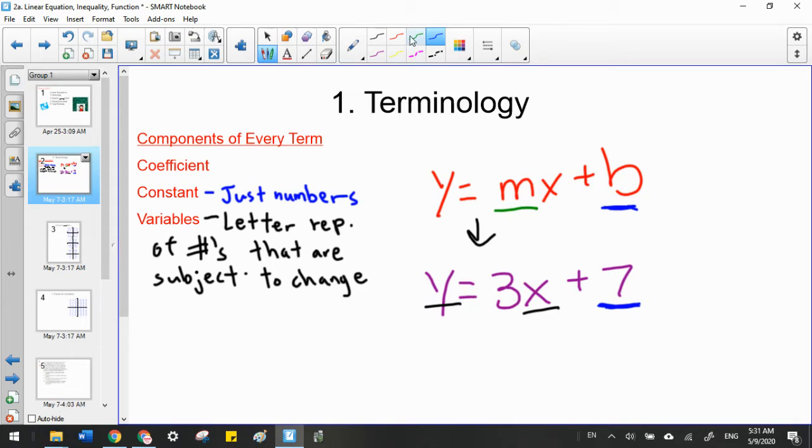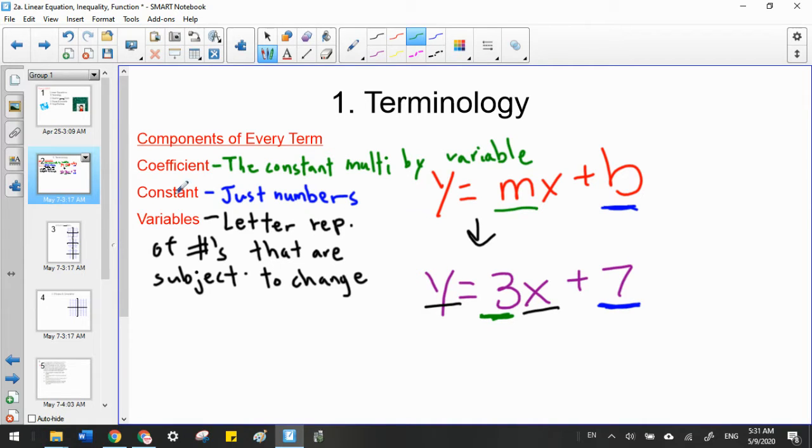The term for coefficient is the constant that is multiplying a variable. So in this equation, 3 is the term that's multiplying a variable, so that's the one that would be the coefficient.